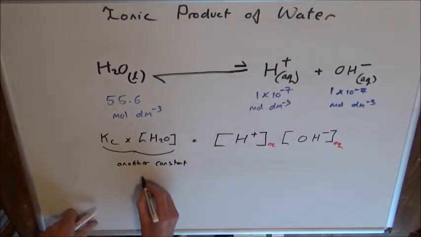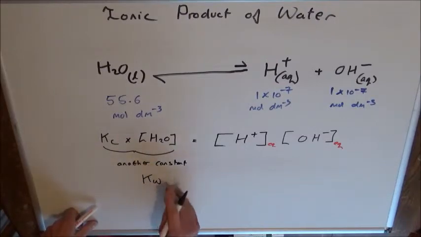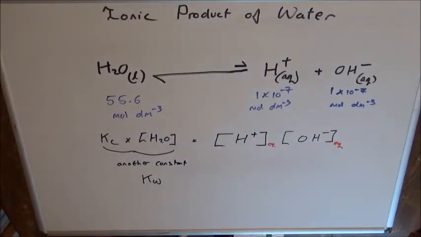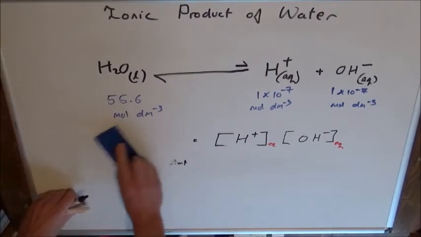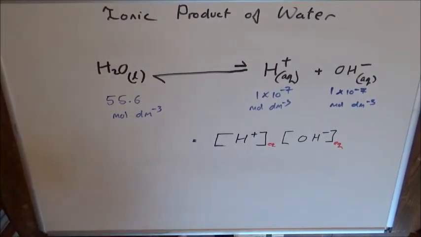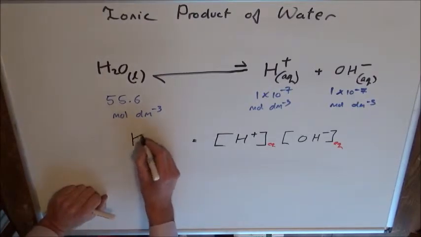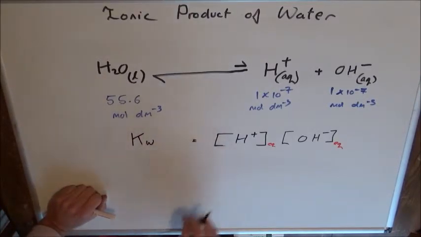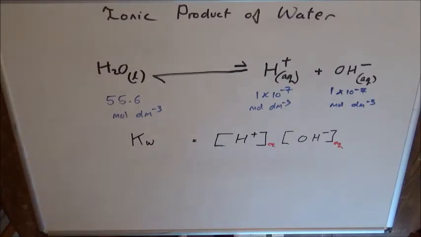We call that constant Kw, and that is called the ionic product of water. It's obtained by multiplying the concentration of H plus ions by the concentration of hydroxide ions, and it's temperature dependent, just like any other equilibrium constant.